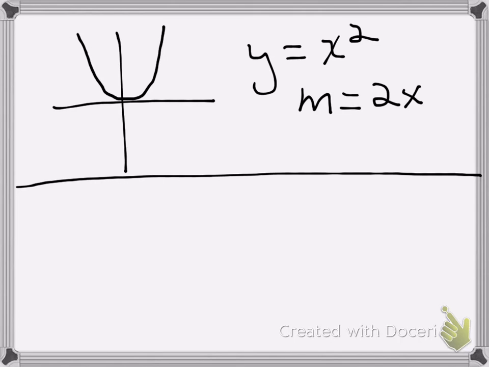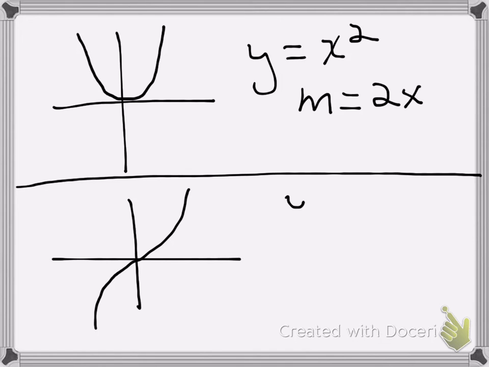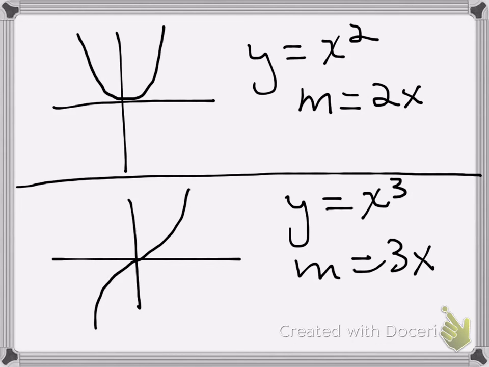The second curve that they've given us is the cubic. When y equals x cubed, the slope of any tangent line drawn to that curve is going to equal 3x squared. And that's the essence of the whole lesson. So you're ready for the quiz on this section if you understand these problems.